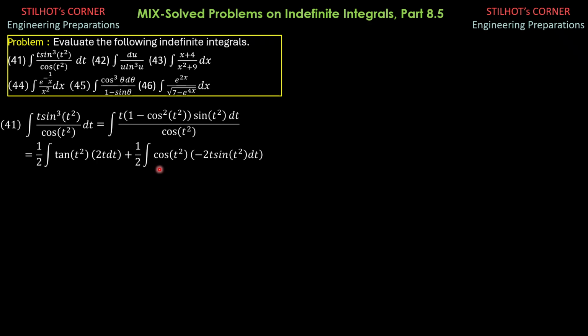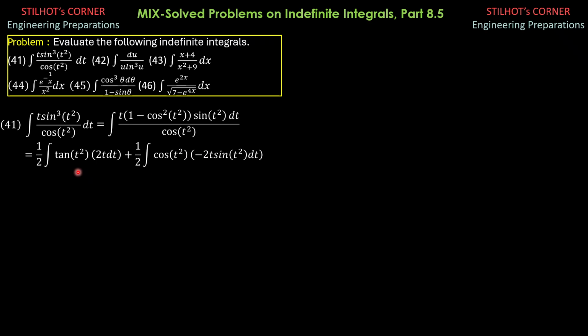If you let u be cosine t square, the differential is negative sine t square times 2t dt. So there is 2 here again, so we put the reciprocal. We let u be cosine t square, although we can also let u be sine t square if you want. So there are two possible answers to this.